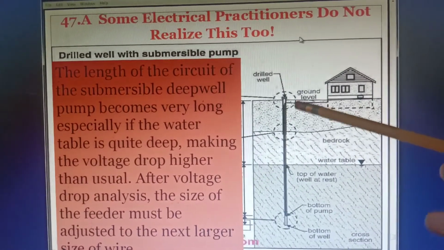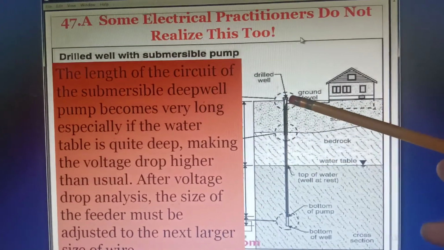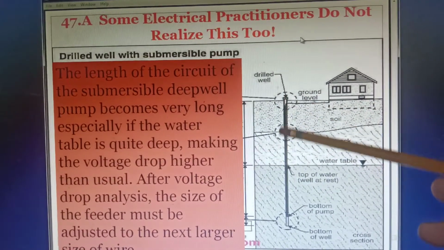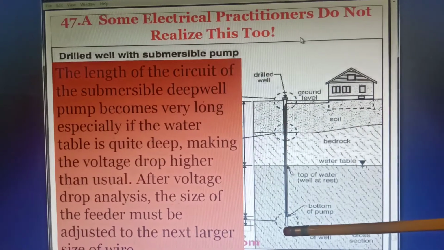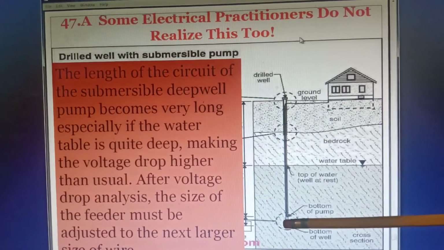So in most plans, we just do indicate in the plan where the location of the deep well is, but we do not really indicate how deep the motor or the pump is.